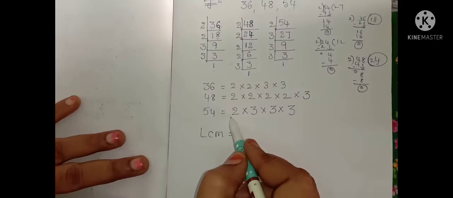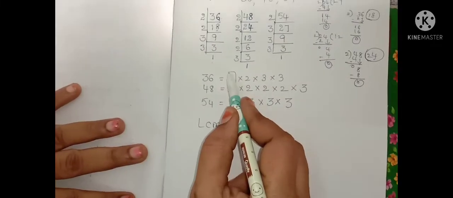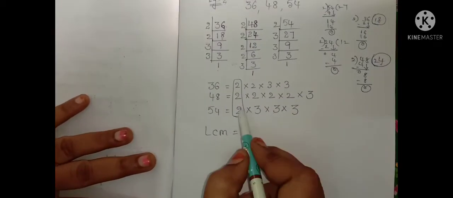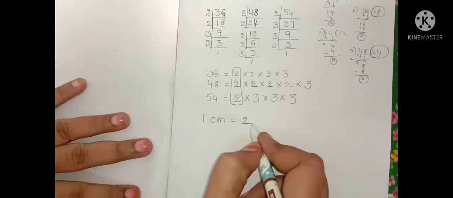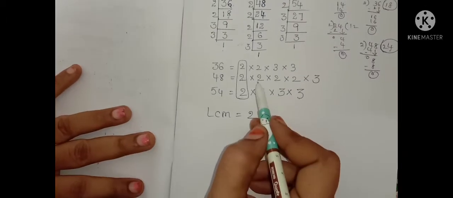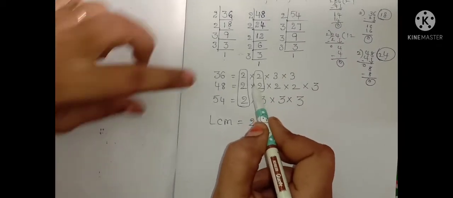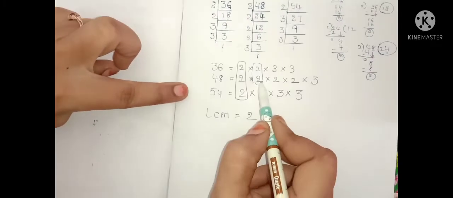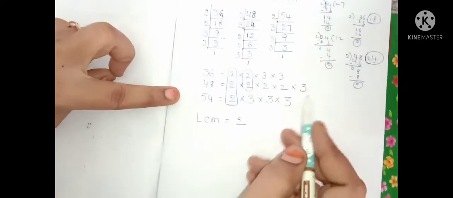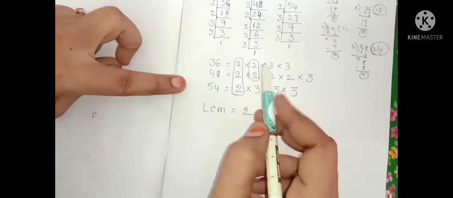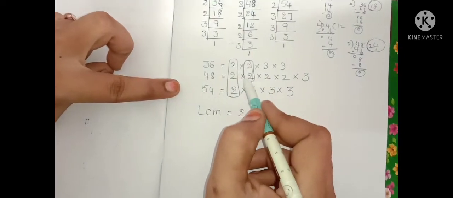Now write the common factors. Here 2 is there in 3 numbers? 36 has 2, 48 also has 2, but 54 does not have 2. No problem, leave it.